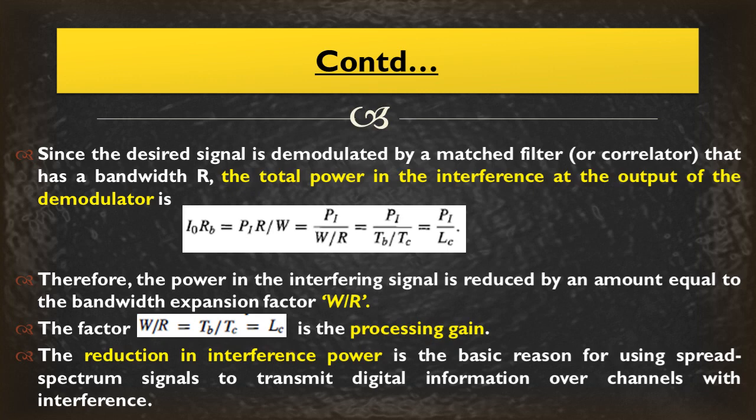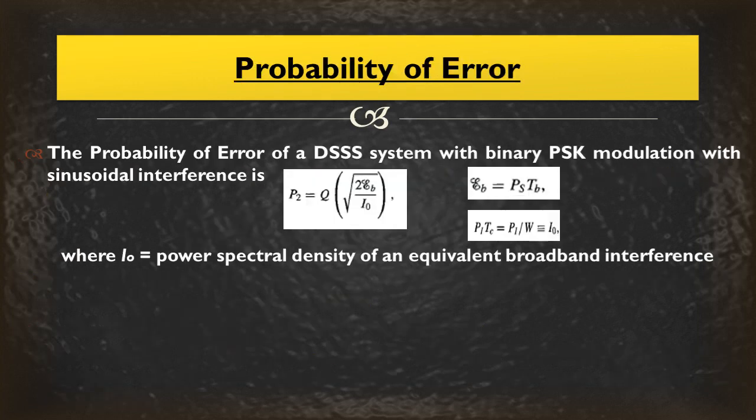If I substitute P_I by W for I_0, multiplied by R, we get I_0 into R_B. If I bring that R to the denominator, we get an equation as P_I divided by W by R.